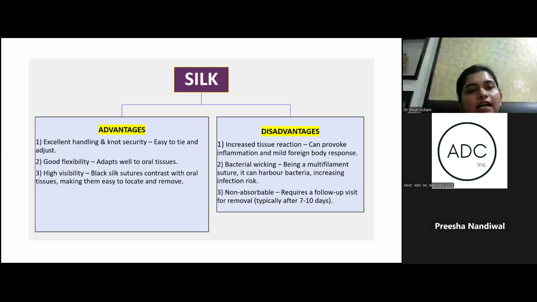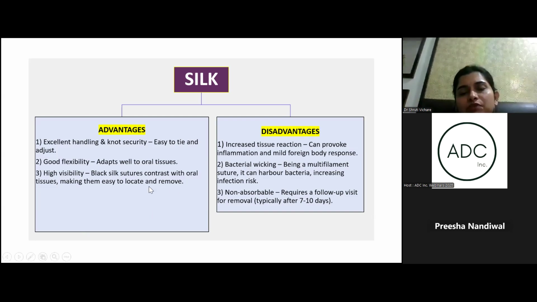Advantages, excellent handling and knot security is seen. Flexibility is really good. And the most important property of this is it has this dark black color, okay, which makes these sutures easily visible. So during suture removal, it becomes very easy to appreciate these sutures in the oral cavity, correct? Because of their contrast color. Disadvantages, tissue reaction. Yes, they can promote inflammation. Bacterial wicking, which is nothing but they have high capillary action.